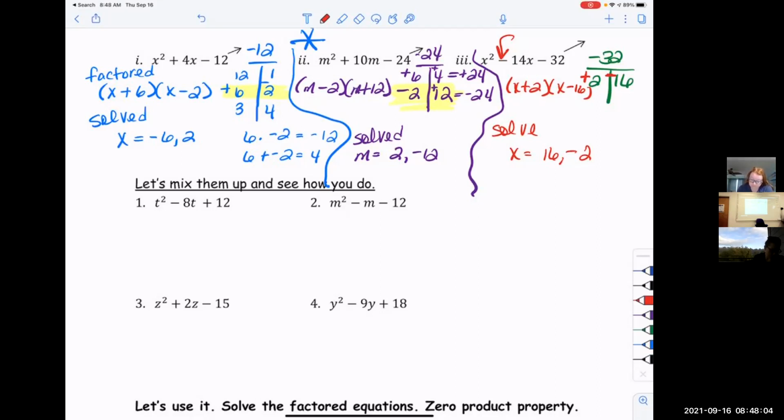Well, this is right, and these factors are right.